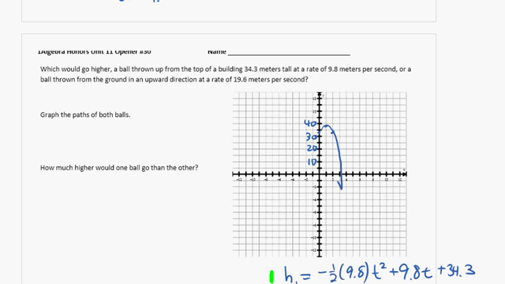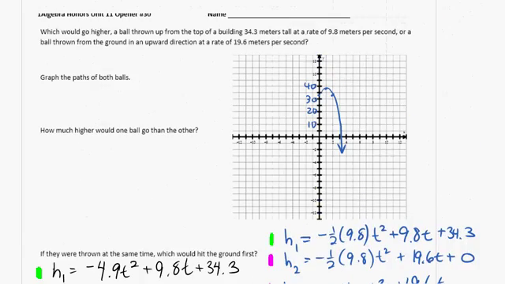So that's 1. And then the other starts from the ground and gets up to 19.6 after 2 seconds. It has a symmetric point. I know it's going to fall to the ground symmetrically, so I know it's going to hit the ground after 4 seconds. So those are the two paths.